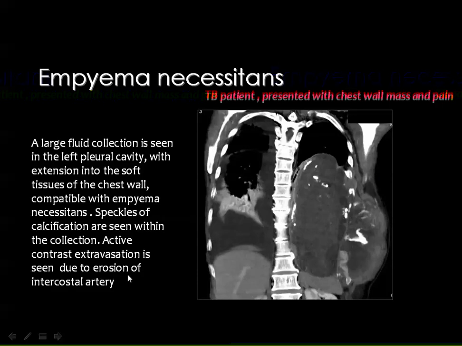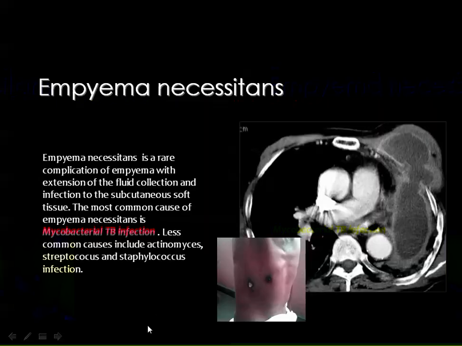And you remember that I have said that empyema which extends across the chest wall, coming into a subcutaneous location, is known as empyema necessitans. Whenever you see calcium, you would suspect a tuberculous etiology. And many believe that empyema necessitans is usually the sequelae of TB, even without the presence of calcium.